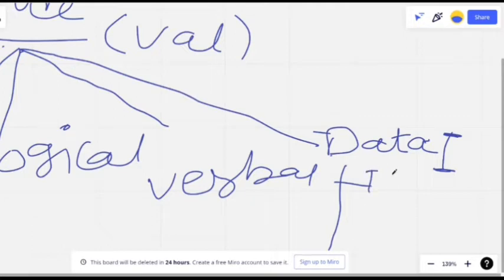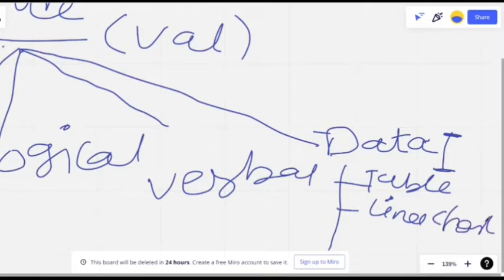Basically there are table data interpretation, line charts, bar graphs, and the last one is pie charts.